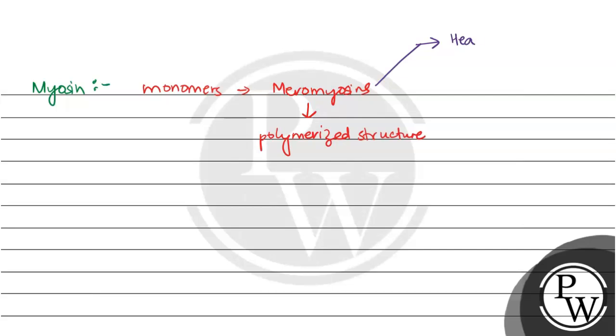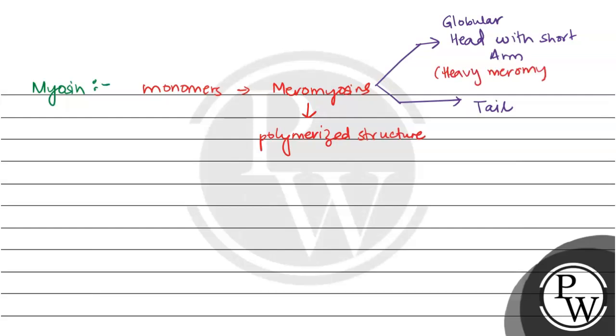One is the head, or the globular head, with a short arm, and second is its tail. This is called the heavy meromyosin or HMM, and this is called the light meromyosin or LMM.